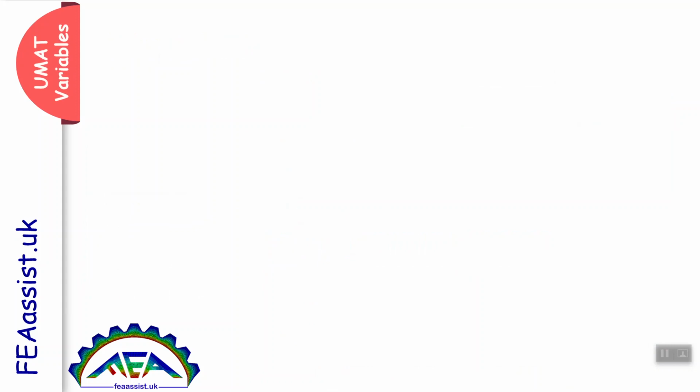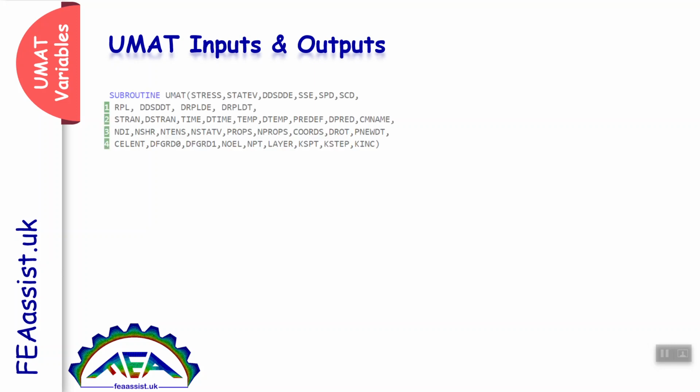The next important thing about any subroutine, especially UMAT, is UMAT inputs and outputs. UMAT is a machine: it accepts some inputs, processes them, and exports outputs. UMAT has some variables: stress, strain, DDSDDE, and some others you can see here.